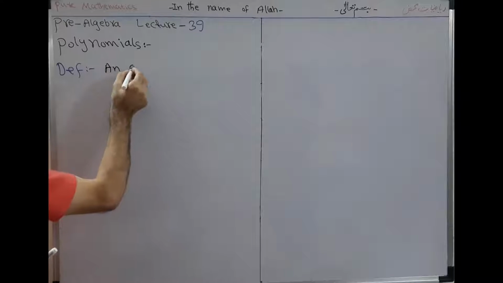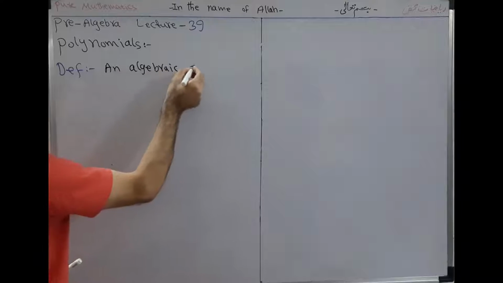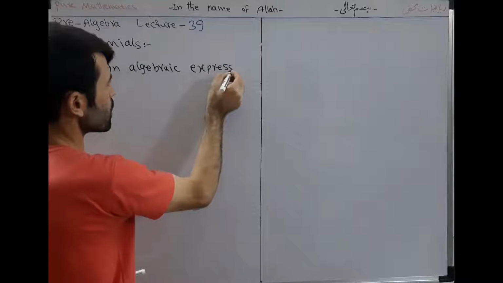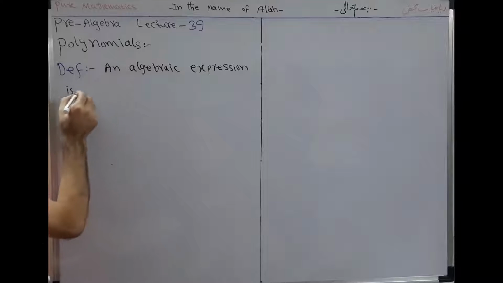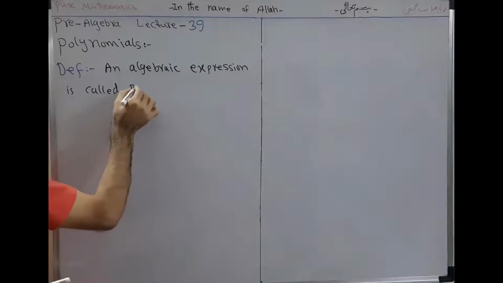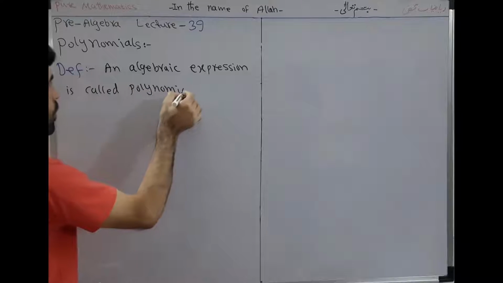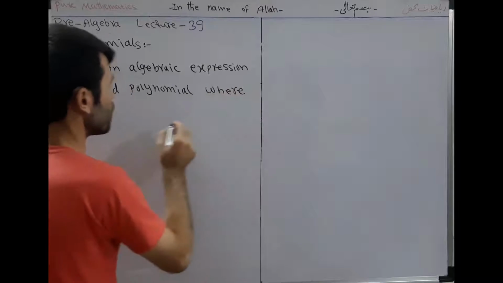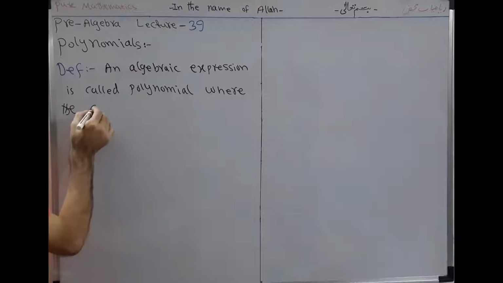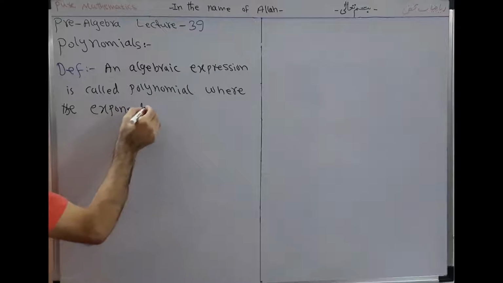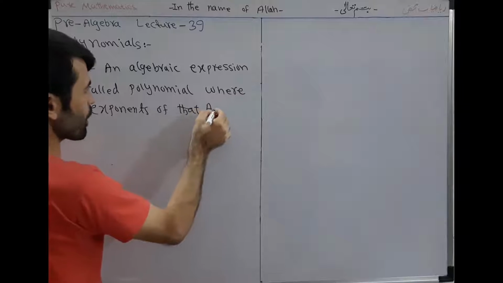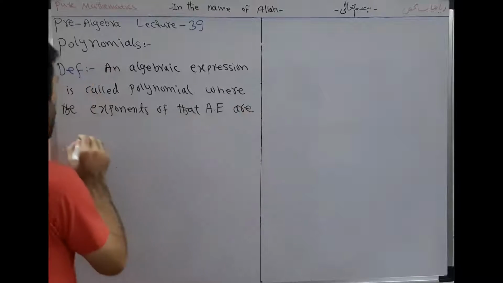An algebraic expression is called a polynomial where the exponents of that algebraic expression are whole numbers.